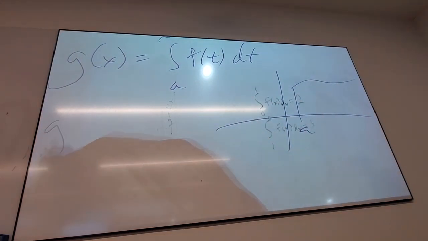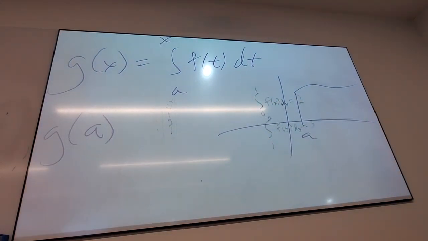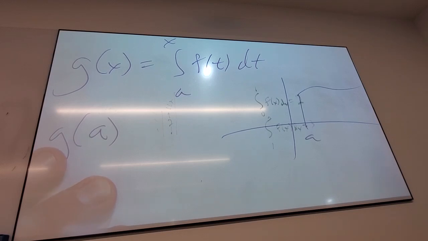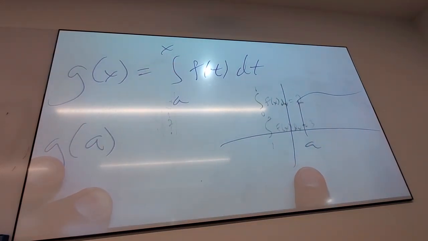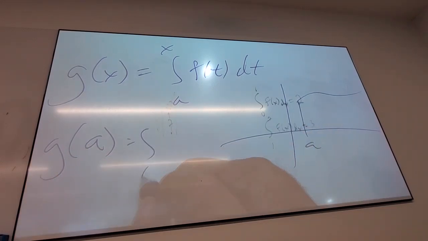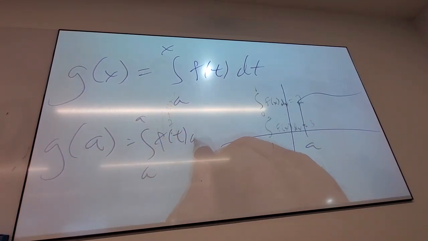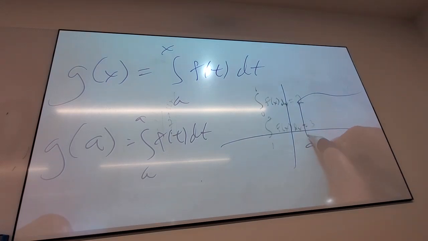What would I get if I went to A? So where am I starting? Wouldn't this be this? How much area do I get if I start here and I stop here? Beautiful, I love it. That's 0.